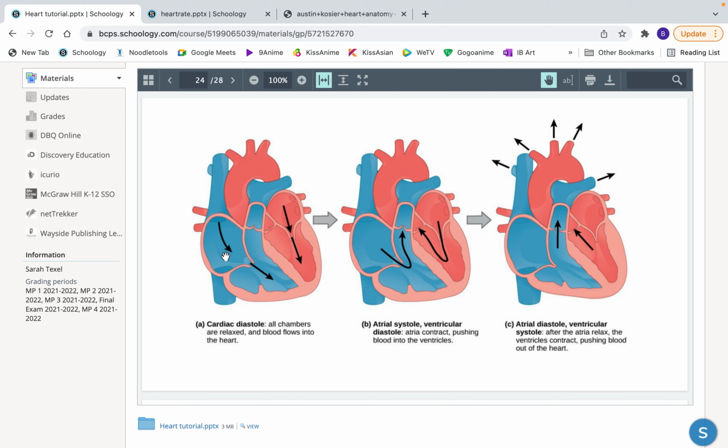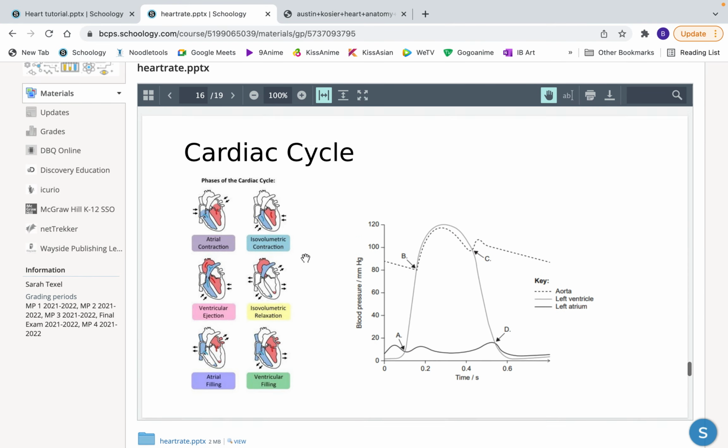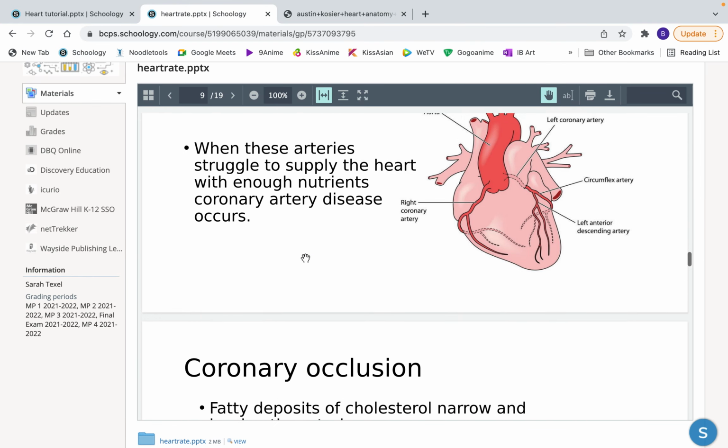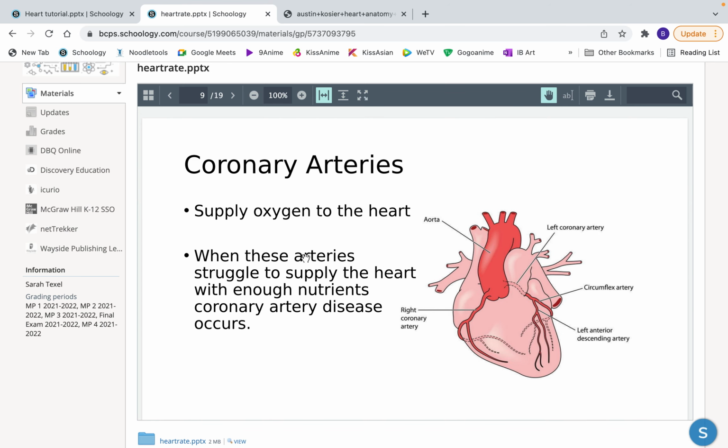So we've got that. So let's talk about coronary arteries, shall we? Coronary arteries. So we've talked about providing oxygen and other nutrients and minerals to other parts of the body, but the heart also needs those. The heart also needs those nutrients and minerals and oxygen and all that good stuff.